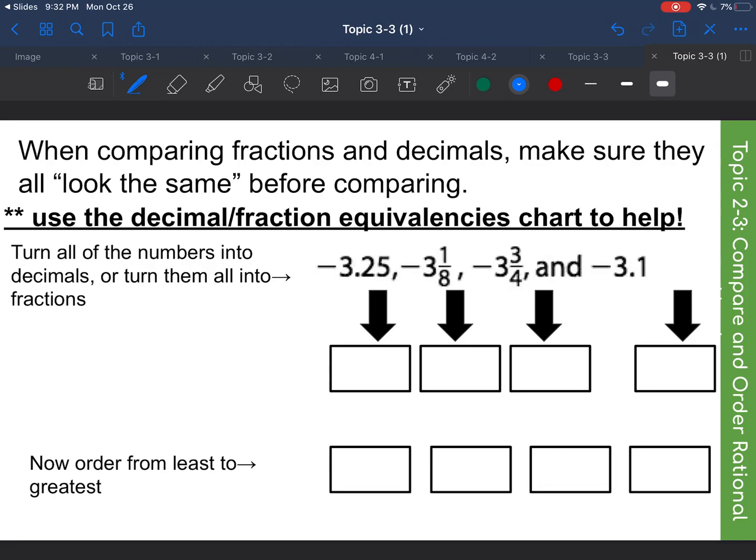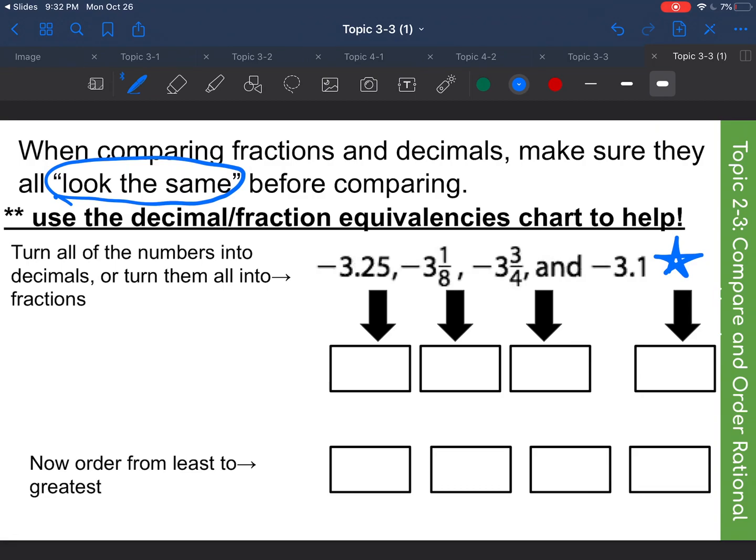When comparing fractions and decimals, make sure they all, and I put this in quotes, look the same before comparing. It's hard to compare a fraction to a decimal because they don't look the same.